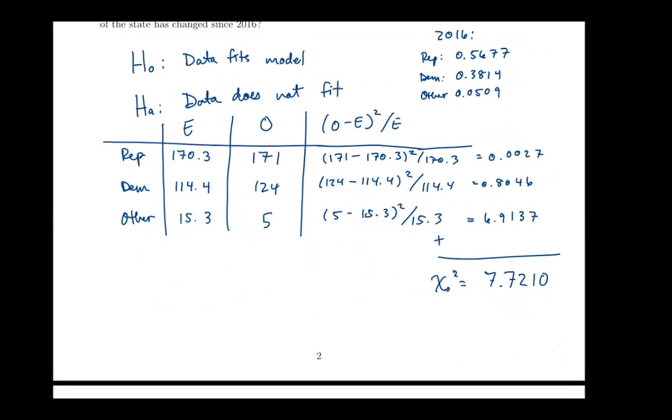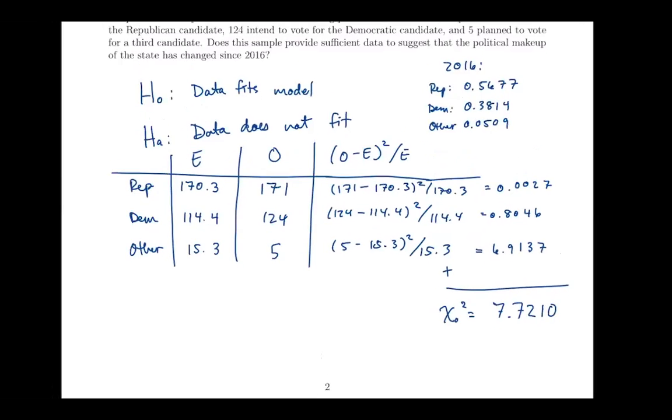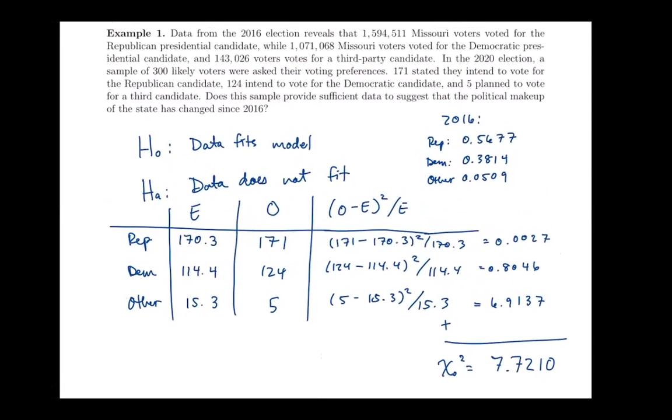At this point we can use R, or we can use the table to look at the critical value. We want to look at the chi-squared value for 0.05. Did I mention a statistical significance here?